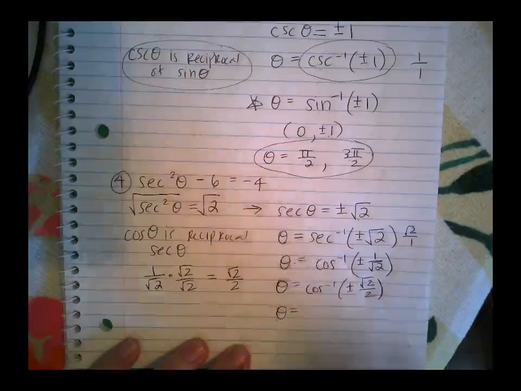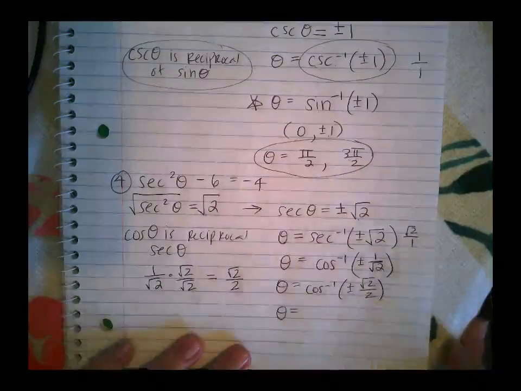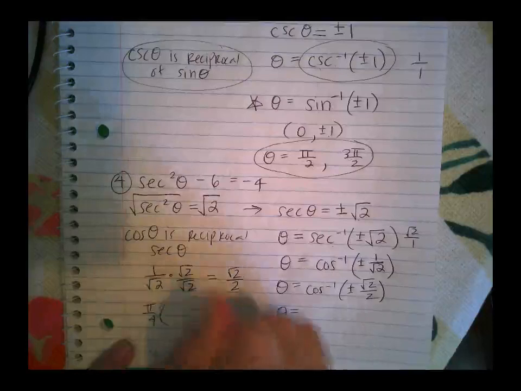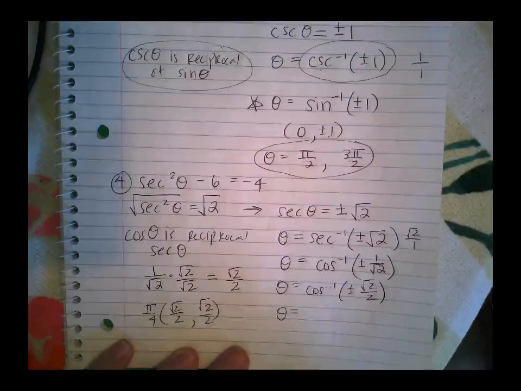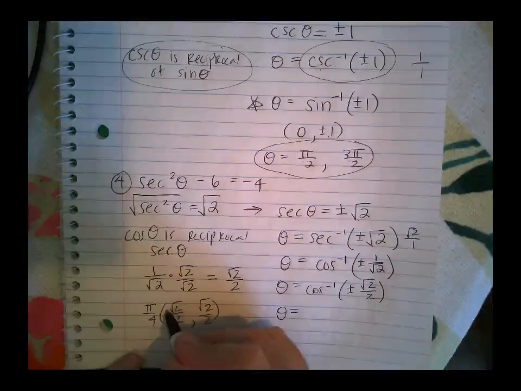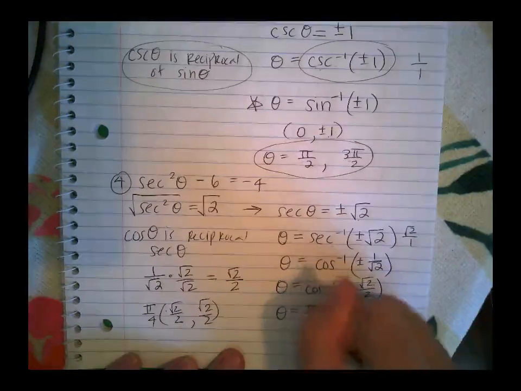So theta is going to be all of the pi over 4 coordinates, right? The pi over 4 coordinates are the ones that have root 2 over 2, and we know that the y coordinate must be root 2 over 2. But I'm allowed to use positives and negatives. So I'm going to move in quadrant 1, it's a positive root 2 over 2, so pi over 4.